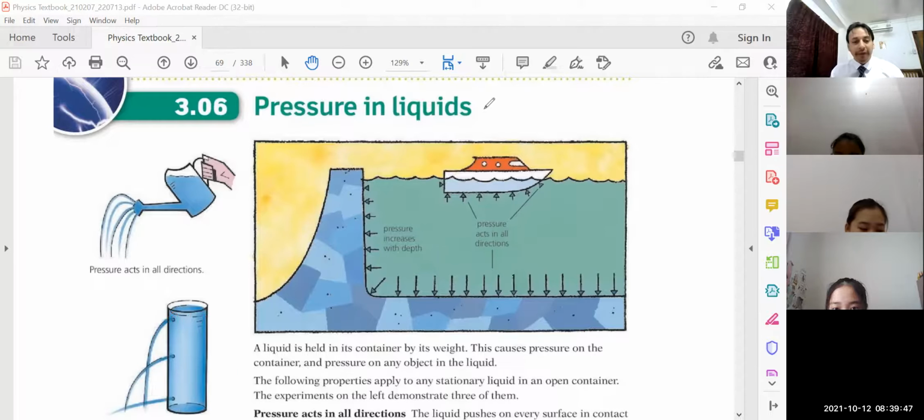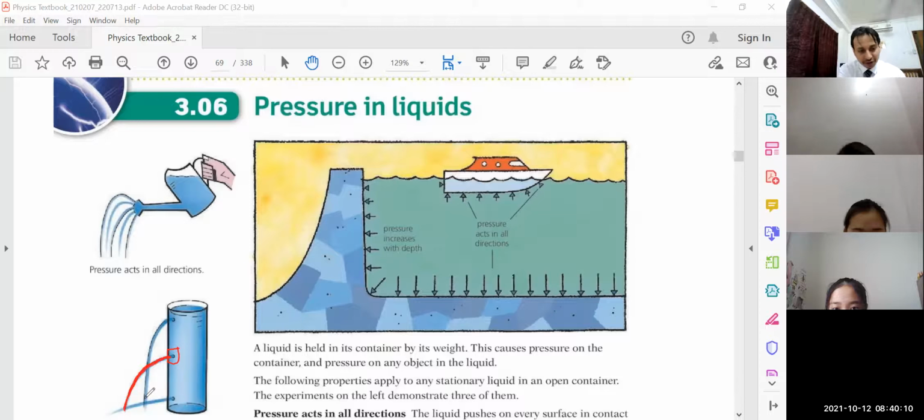The second hole is slightly in the middle of this container, this one I'm talking about now. At this point, you can observe that water is still coming out, but the pressure is higher here, and due to that increase in pressure, the jet coming out covers a longer distance.